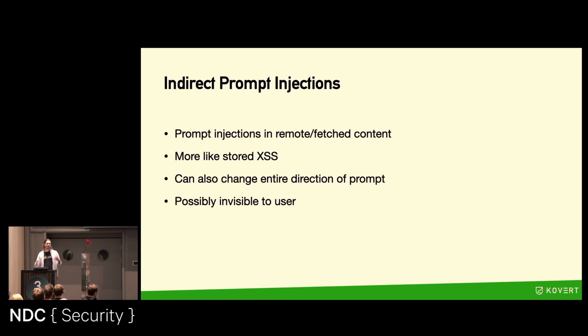And if there's a prompt injection in the data that it fetched, then that works just as the direct prompt injections. So these are more comparable to the stored cross-site scriptings that we've seen in history. And these can also change the entire direction of a prompt, and they're also mostly invisible to the user.